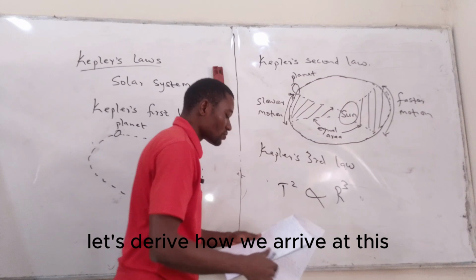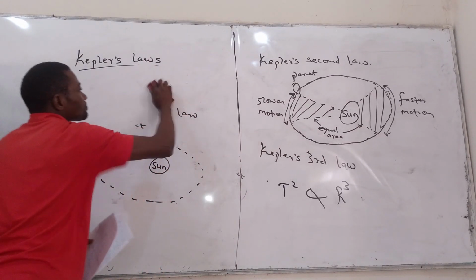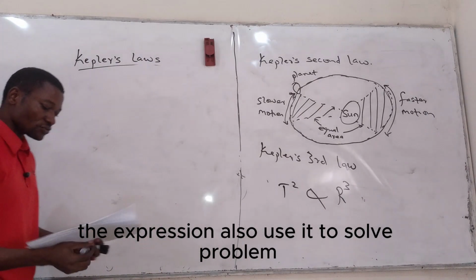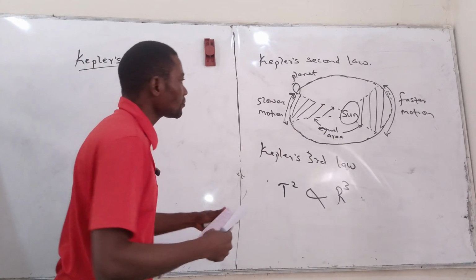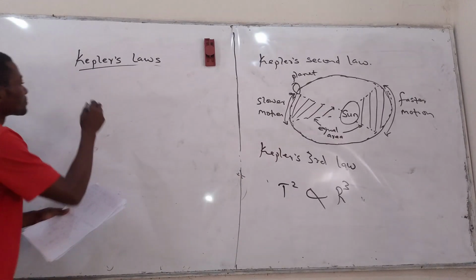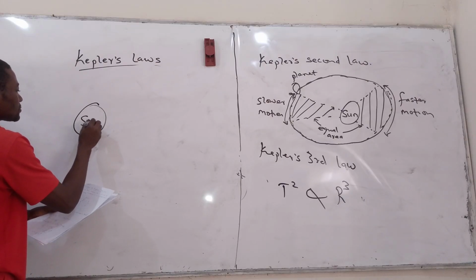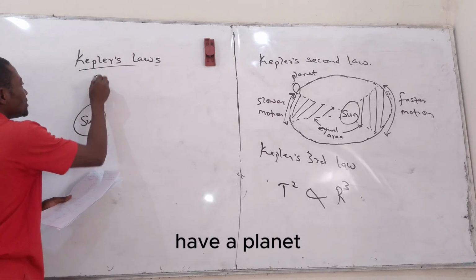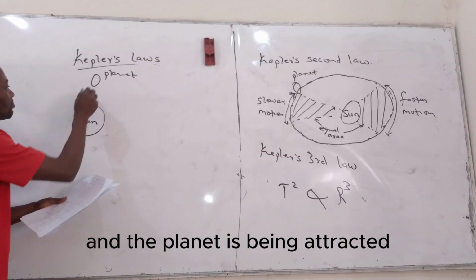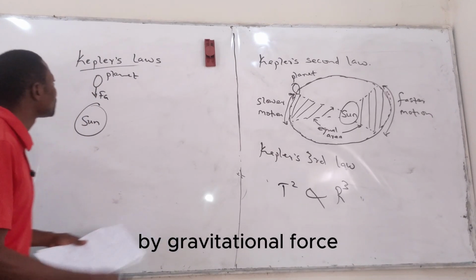Let's derive how we arrive at this so that we can better understand the expression, and also use it to solve problems. So if we consider the motion of a planet, we have the sun, we have a planet, and the planet is being attracted by gravitational force.